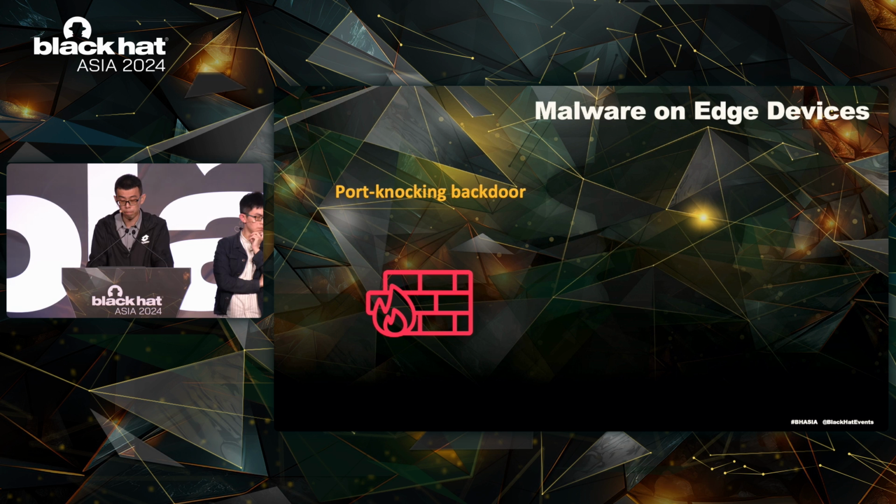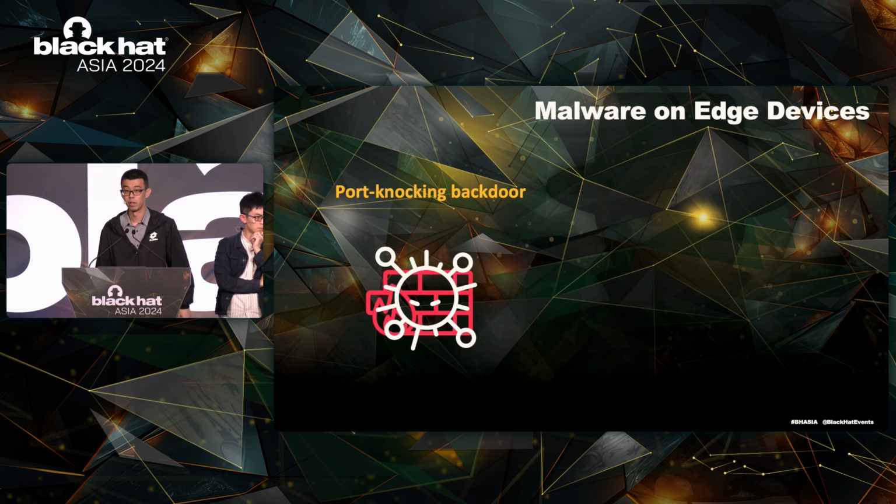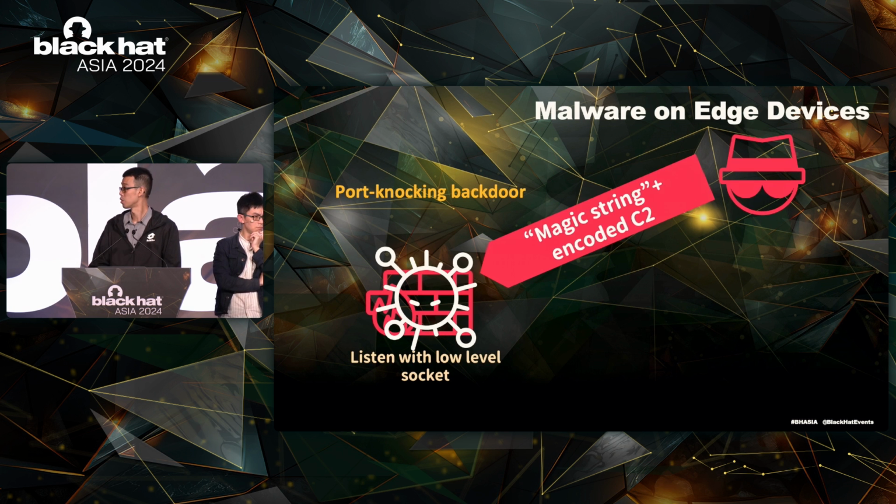The first case is about port knocking backdoors. Port knocking is a very popular feature in compromised edge devices used by threat actors. The port knocking backdoor always listens on a low-level socket, such as a UDP or raw socket, or a packet sniffer.